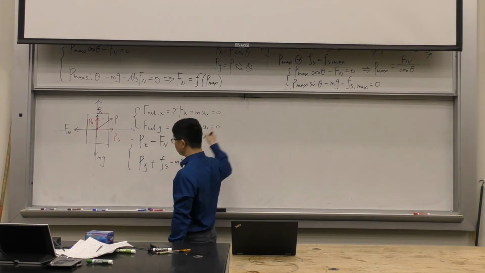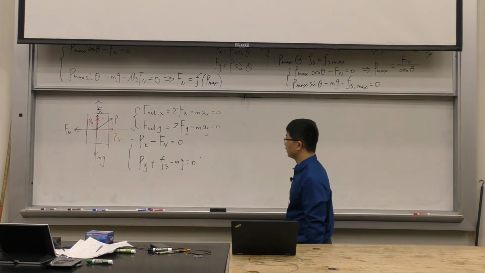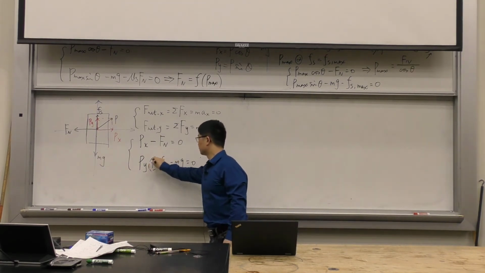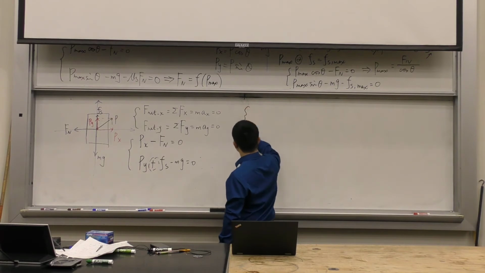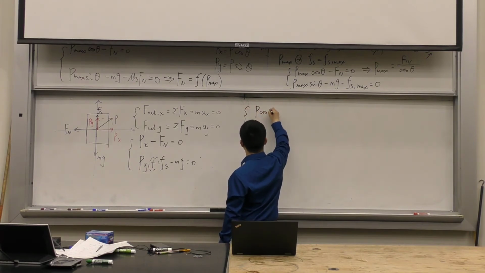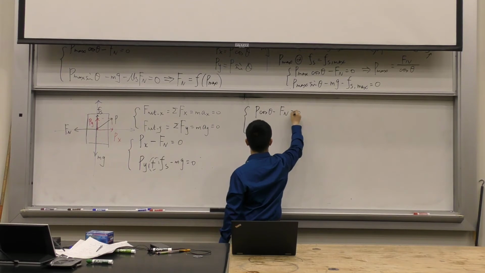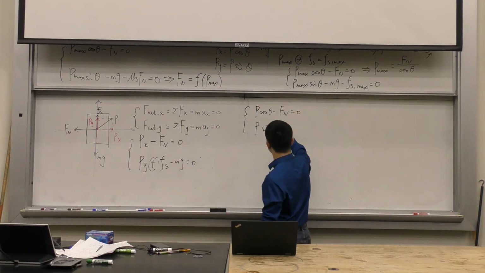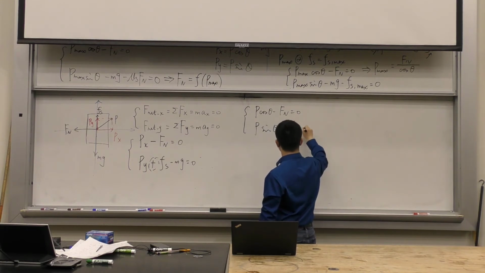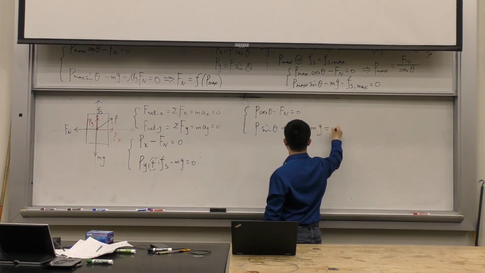And if you compare this with these two equations we just found, the only difference is this sign for the Fs. And then this is still going to be P cosine theta minus Fn equals 0, P sine theta plus Fs minus mg equals 0.